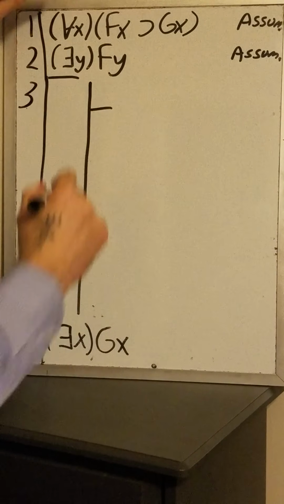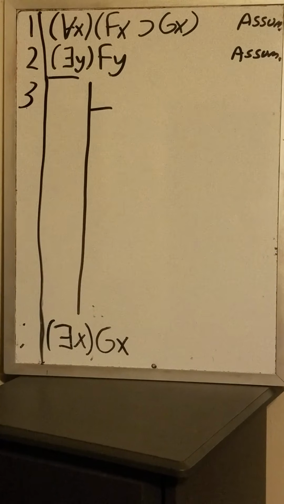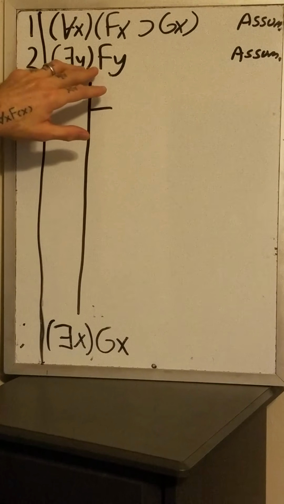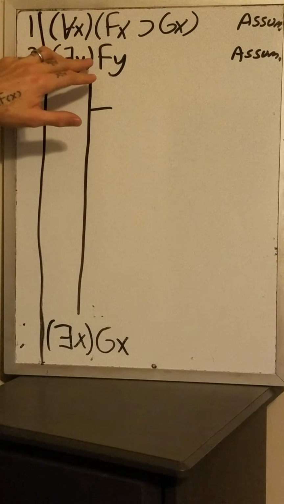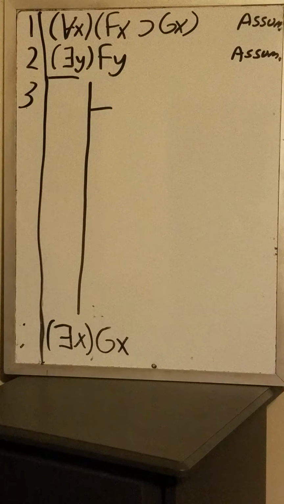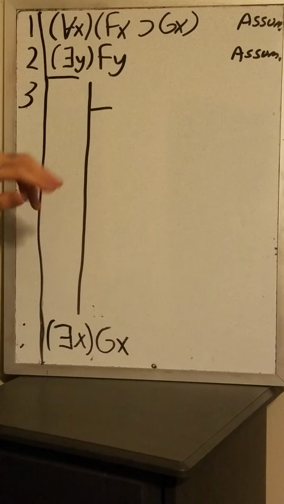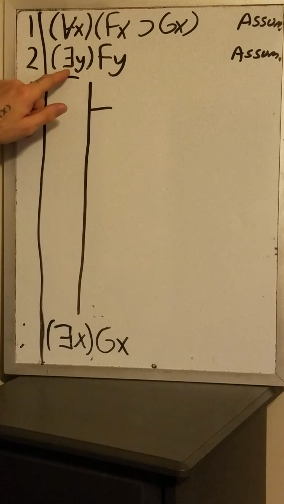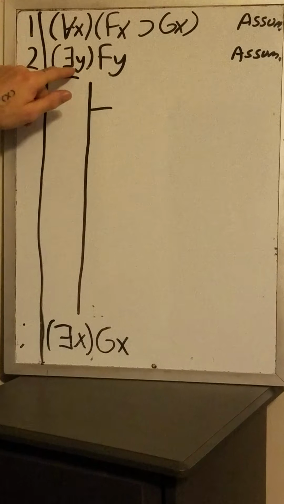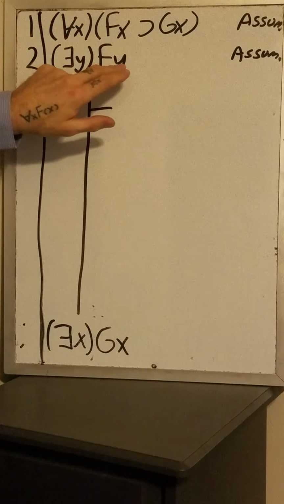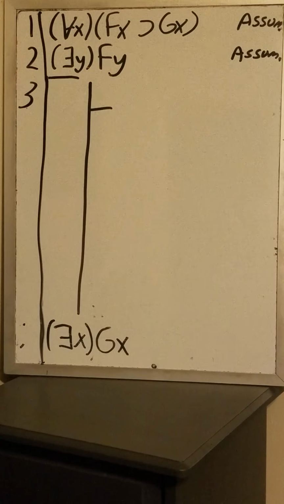Existential elimination is the only quantifier rule that requires you to start a subderivation. Obviously you have to have an existentially quantified sentence. And what you're doing is starting a subderivation where the assumption that starts it is that existentially quantified sentence with the quantifier taken off and the variable replaced with a constant.